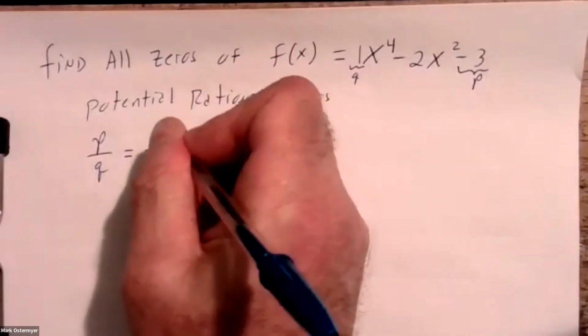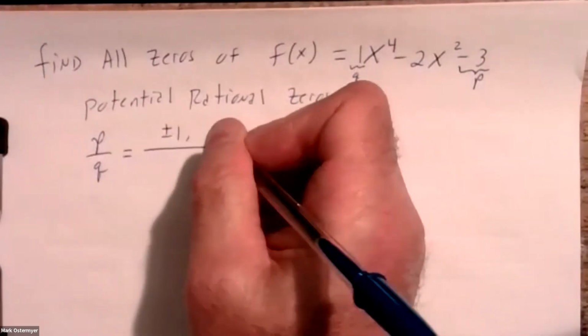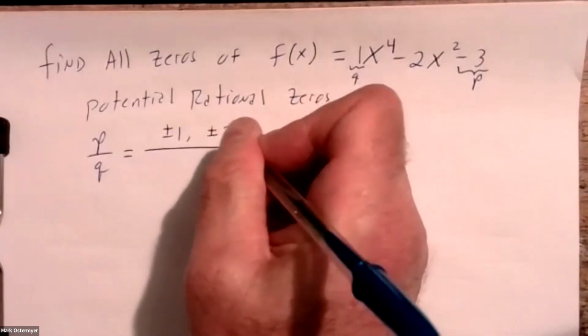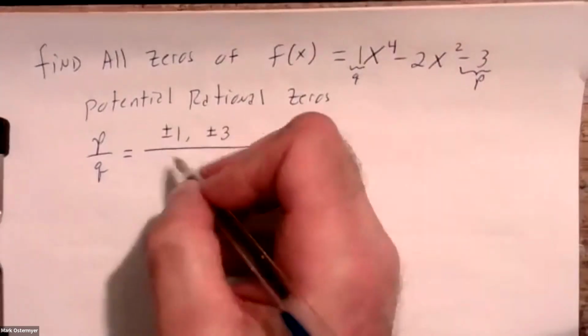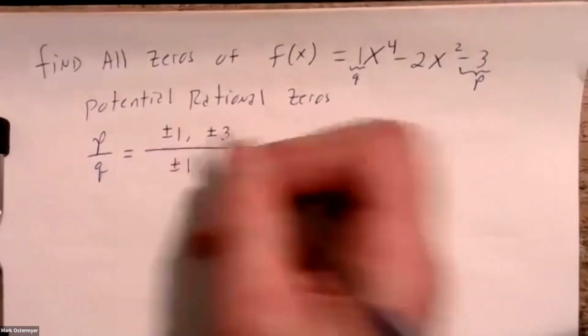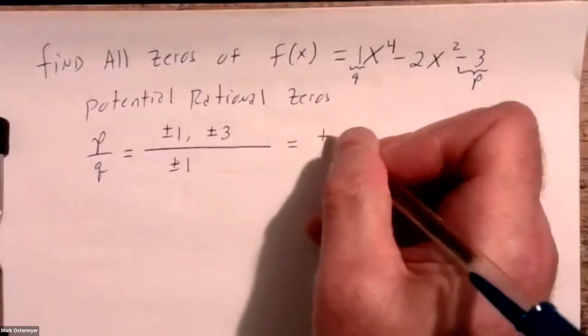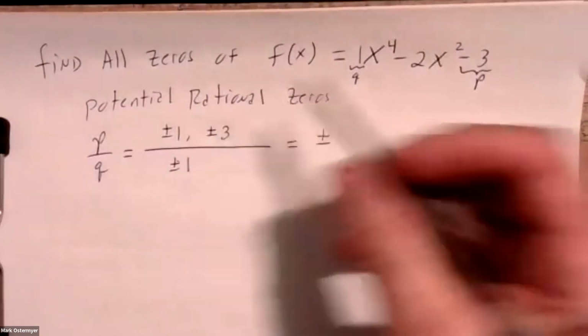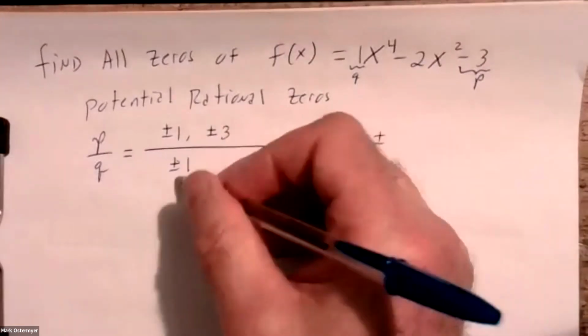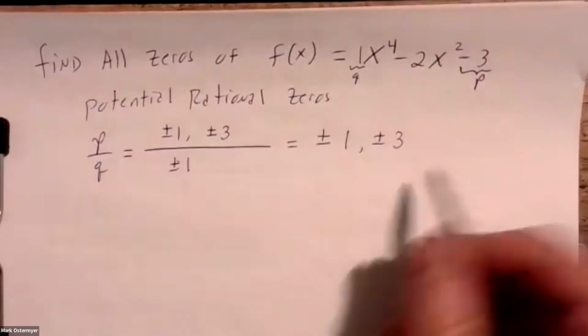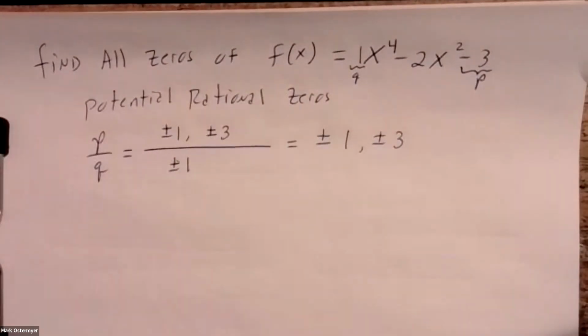Factors of -3 would be positive and negative 1 and 3. Factors of the leading coefficient, 1, would be positive and negative 1. So the list of potential rational zeros will be positive and negative 1, positive and negative 3. So we have 4 of these to check out.